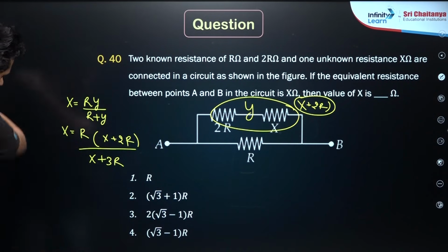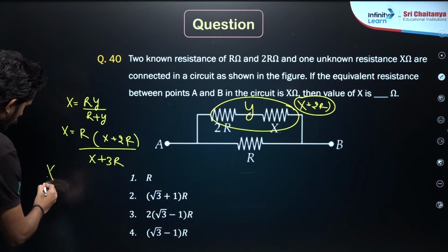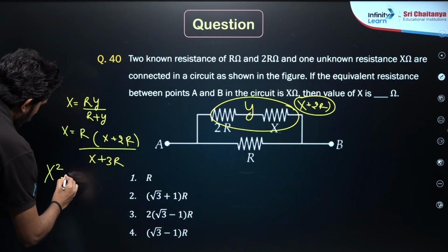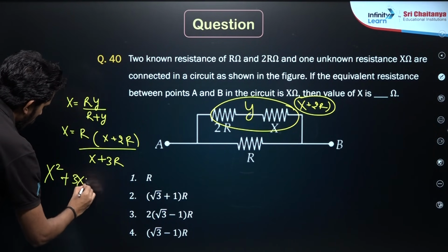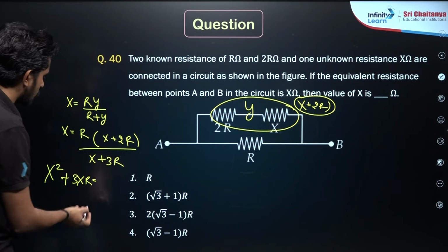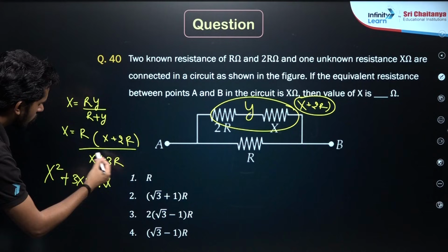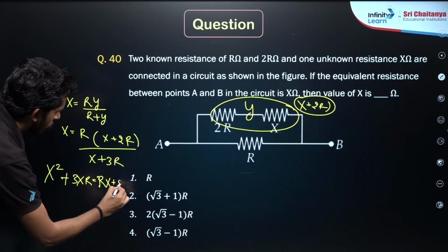Now on the left hand side, X square plus 3XR equals RX plus 2R square.